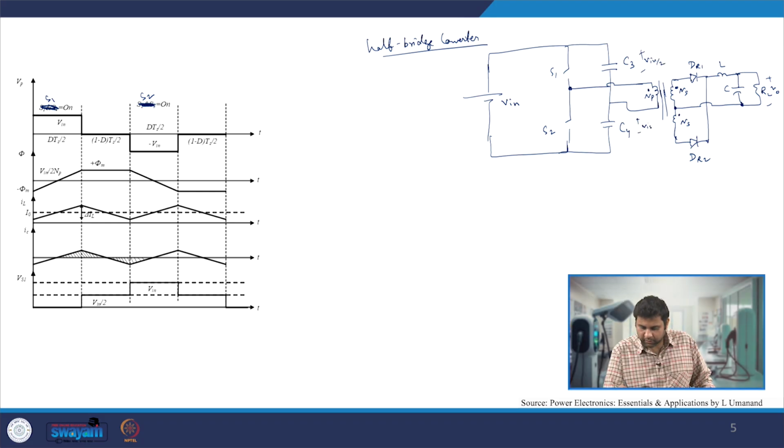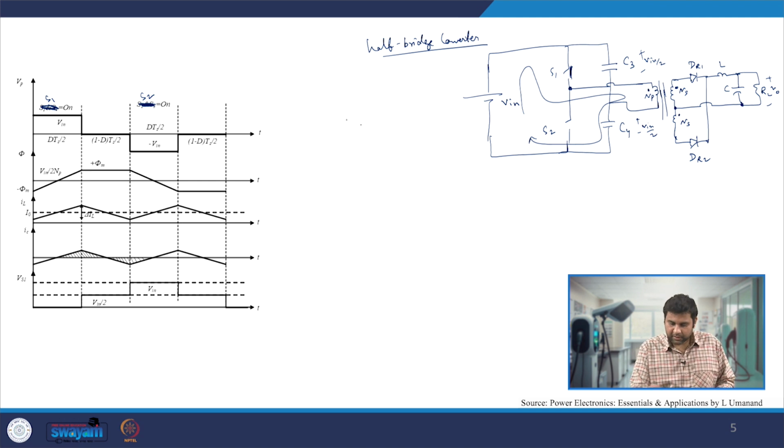Whenever we turn on the S1 switch, the V in by 2 potential is coming over here, and in this loop we will get the potential Vp during DTs by 2 period.